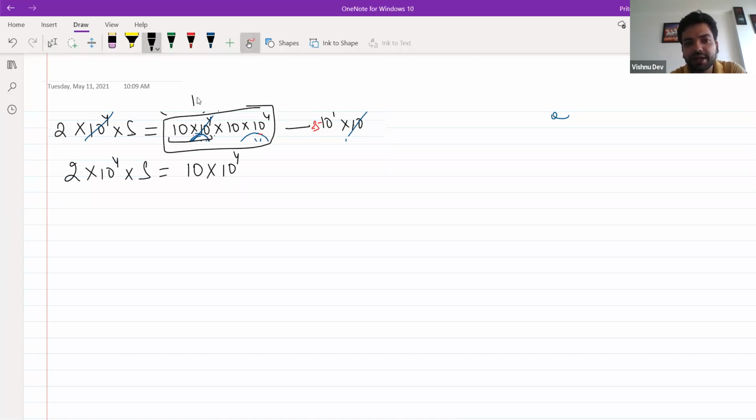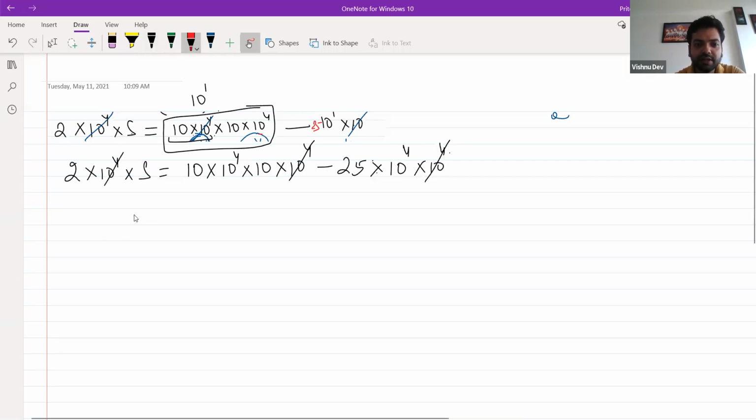I could have combined and written 10 to power 10, but the calculation would have been very tedious. So I kept 10 to power 4 as a factor which I can cut from all the sides. Minus 25 into 10 to power 4 into 10 to power 4. So we cut 10 to power 4 from all the sides.